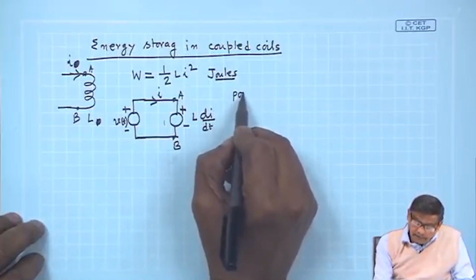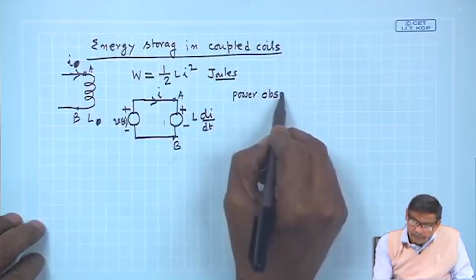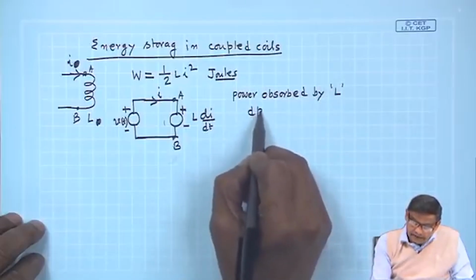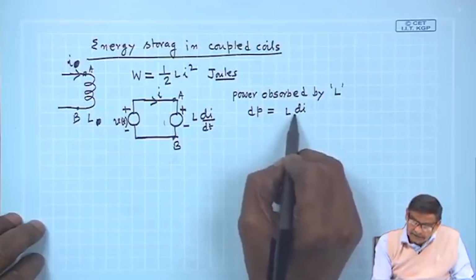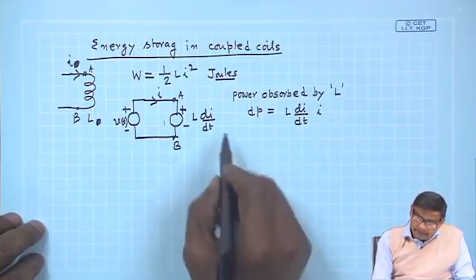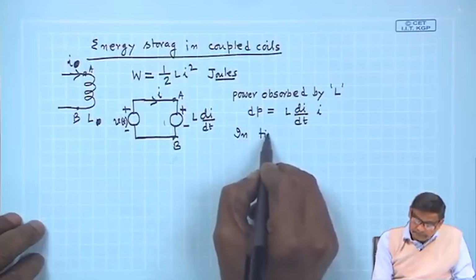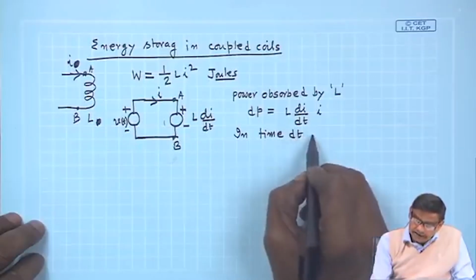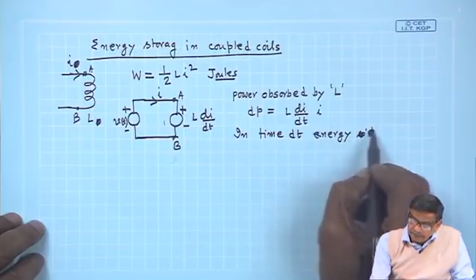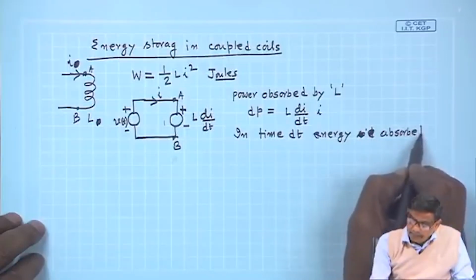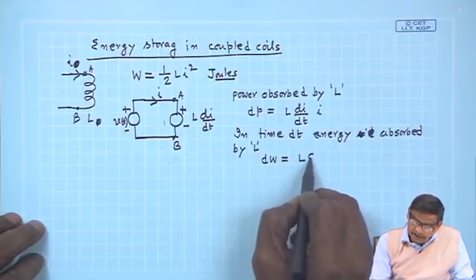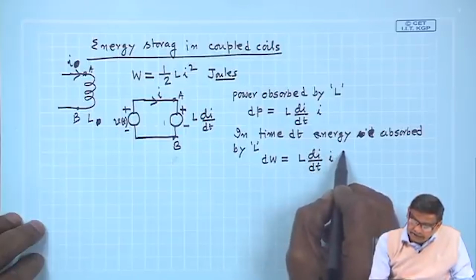Now, power absorbed by L is dP equal to the voltage across it into the current I. Suppose in time dt, the energy absorbed by L is, let us call it dW, and it will be L dI/dt into I into dt.